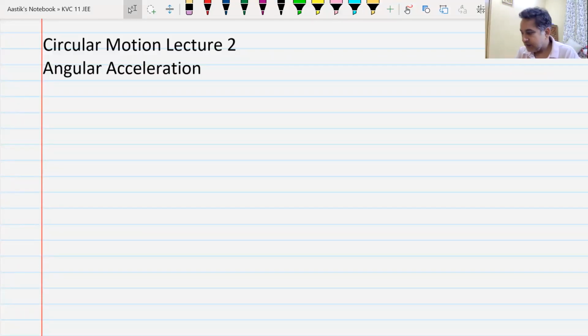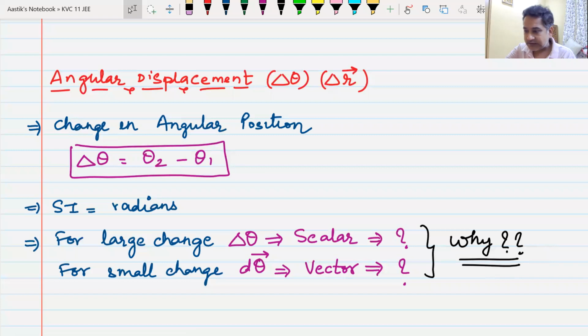This lecture, we were dealing with circular motion in the last class, and we had seen the terms that come in circular motion. We had seen angular position, angular displacement, average angular velocity, instantaneous angular velocity. Do we remember all those terms?